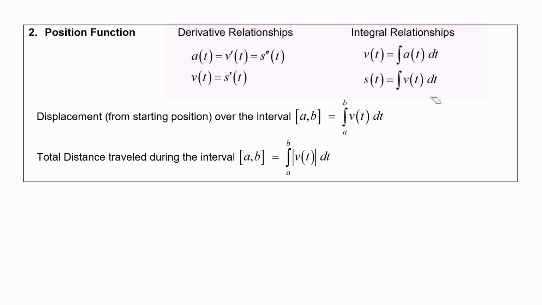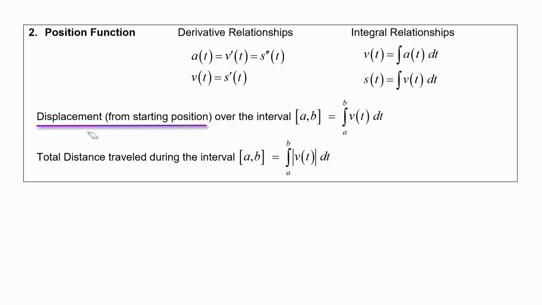Now there's a couple of terms you need to be familiar with. Displacement, which really means your distance from the starting point. It doesn't mean the total distance you've traveled. It just means at the end of my journey, how far away am I from where I started?